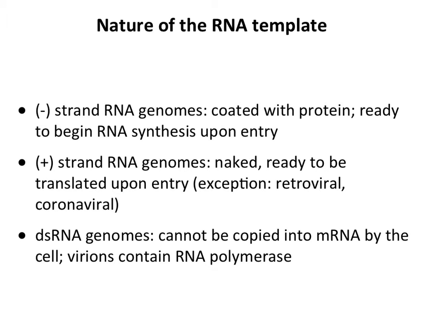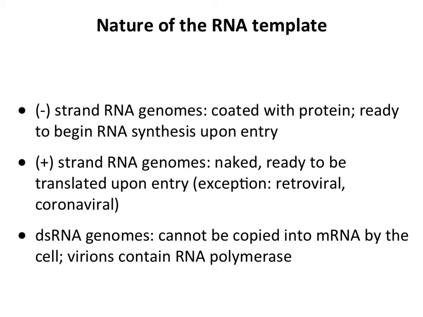Now, the RNA template, as it is in the virion, varies according to the virus. And this is informative because it goes along with what the first step is when viruses infect cells. Typically, viruses with negative strand genomes, those RNAs are coated with protein because as soon as they come in the cell, they have to start making RNA.